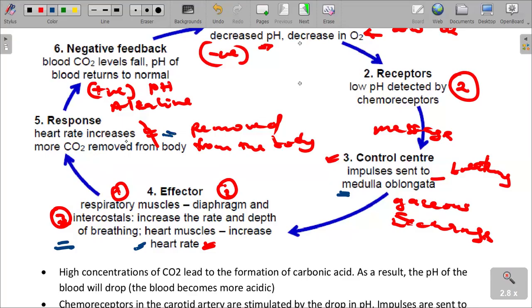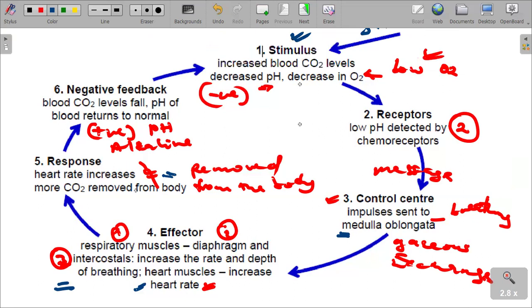When that happens, we achieve a negative feedback in which blood carbon dioxide levels fall, pH increases, and therefore returns to normal. So we have a negative feedback mechanism in terms of the balancing of carbon dioxide in the body. This flow diagram, class, is a narrative of the coordination in terms of carbon dioxide balancing in the body.